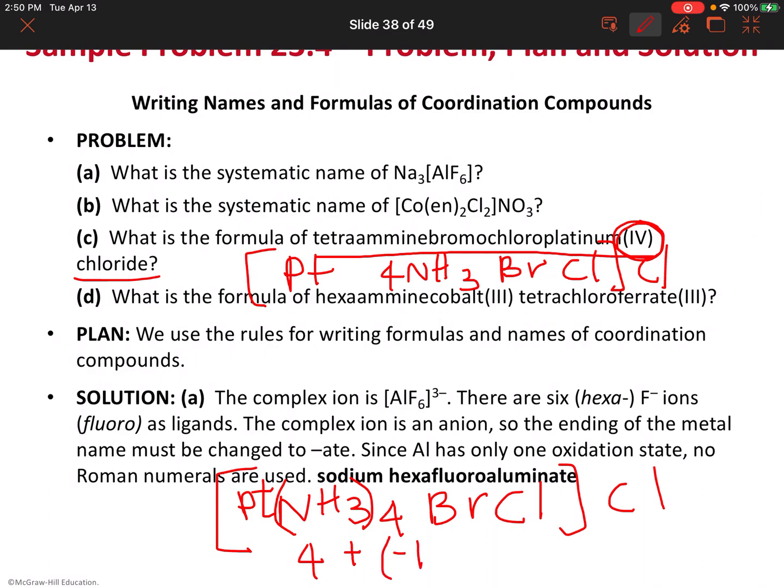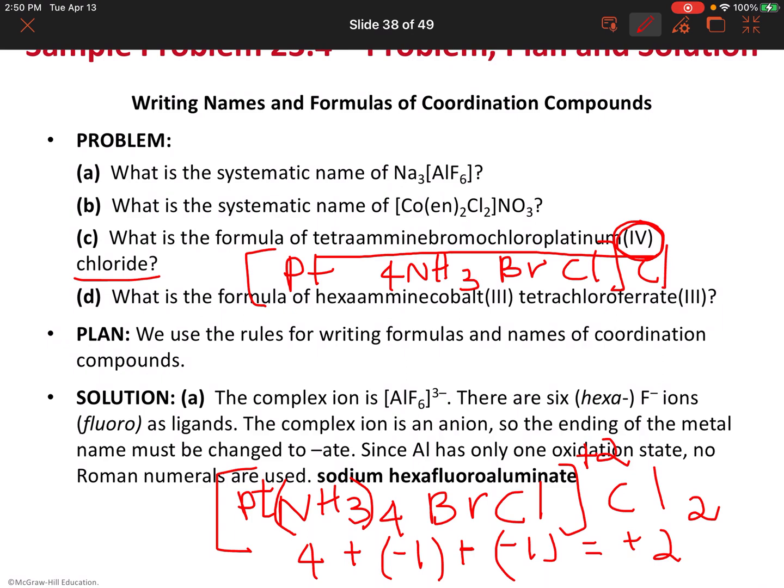Bromide is -1 and chloride also -1. Should give us the complex cation charge. So 4 minus 1 minus 1, so that is +2. So this part, complex cation, is +2. So then the simple anion also needs to be -2. So because of that, you need 2 chlorides.